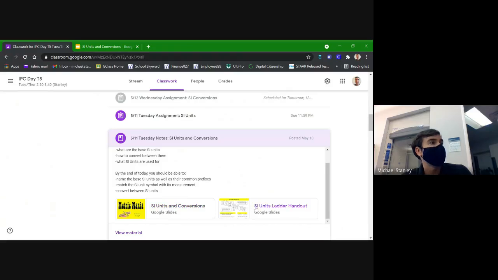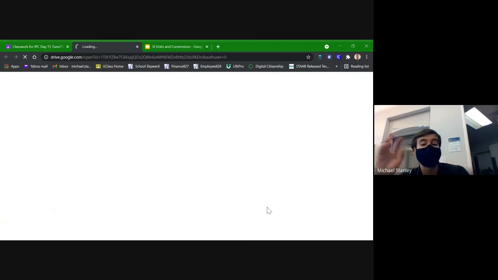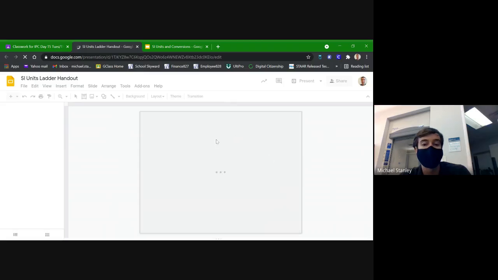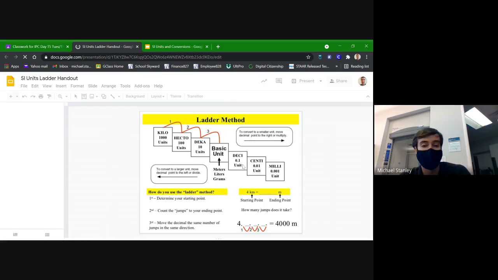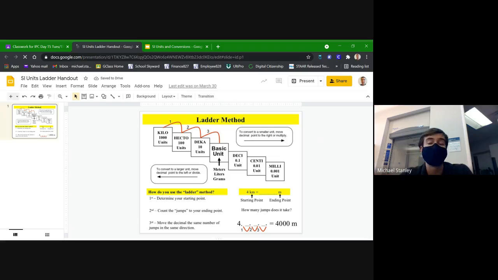But then I also posted an additional slide that is just the ladder on its own, or just that one slide that showed that unit ladder. This way, if you ever want an easy way to go back and find that ladder again, if you want to use it in future homeworks or future tests, then you'll have it available for you to use.